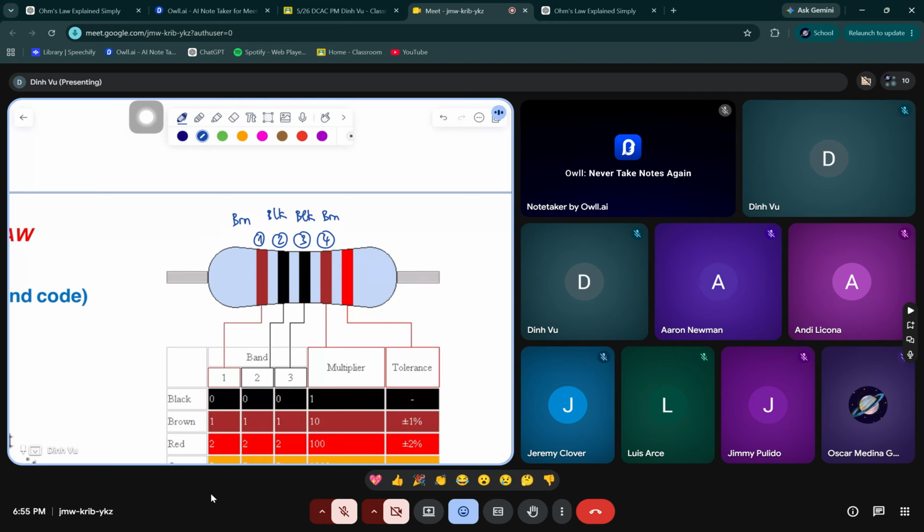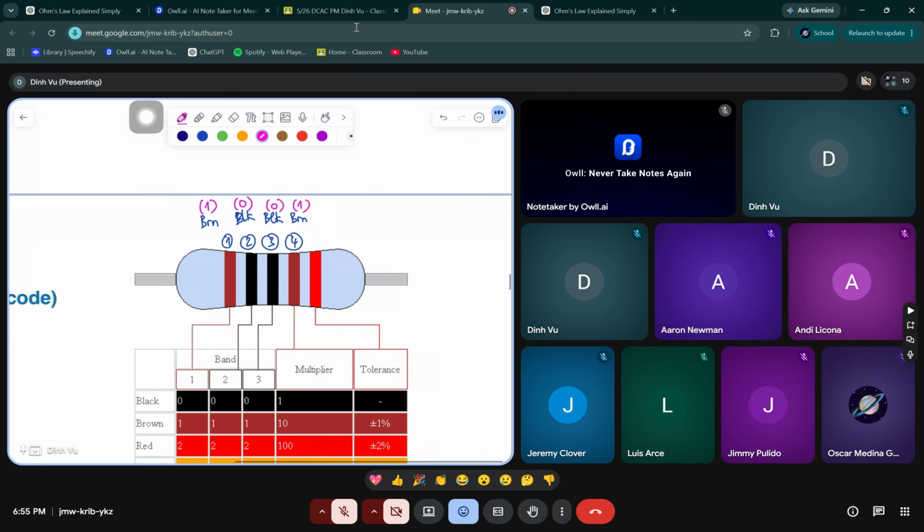Now, what is the value of this resistance? Brown, black, black, brown. Brown here is number 1. Black is number 0. Black is number 0, and brown here is 1.